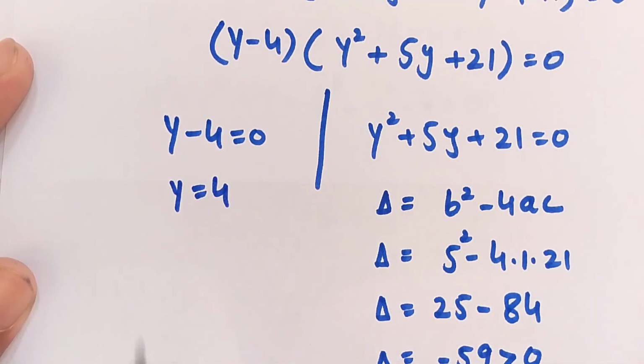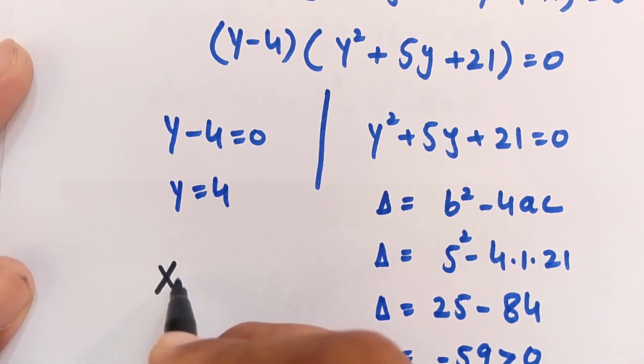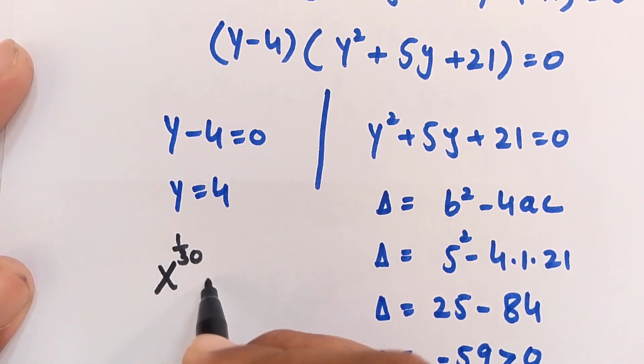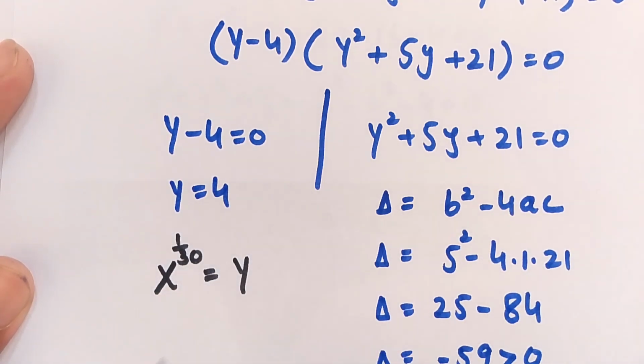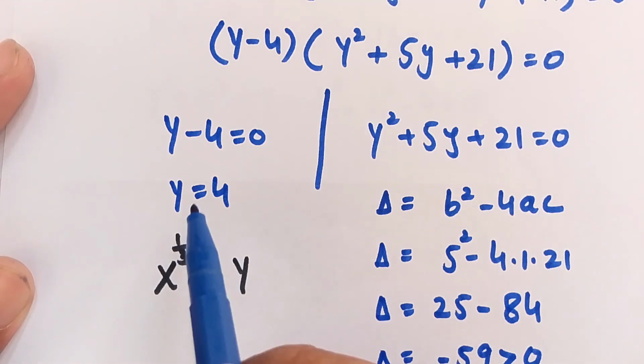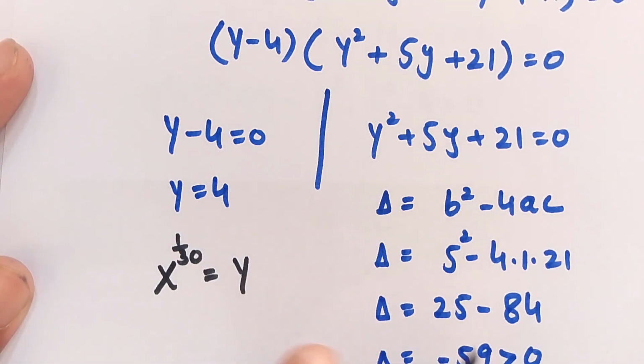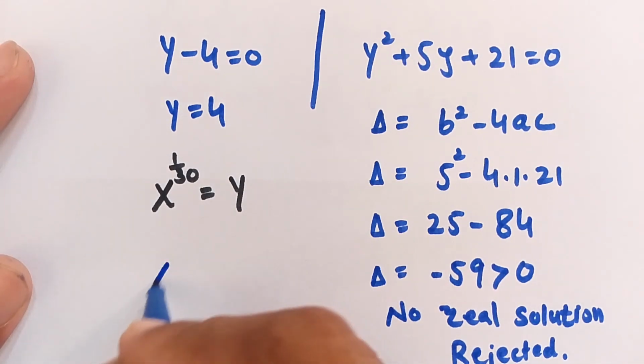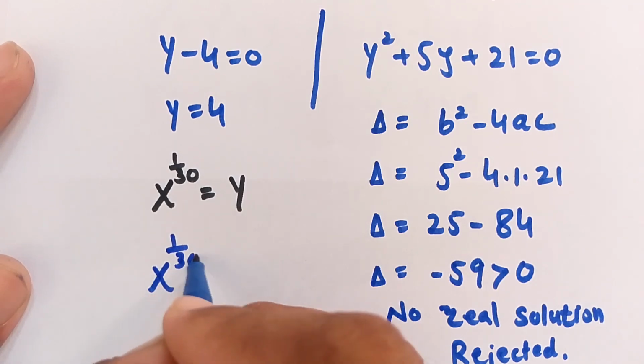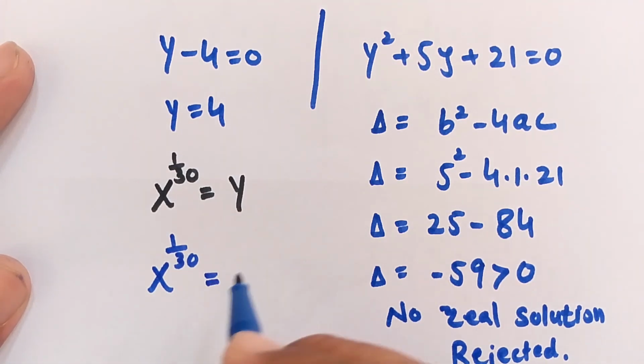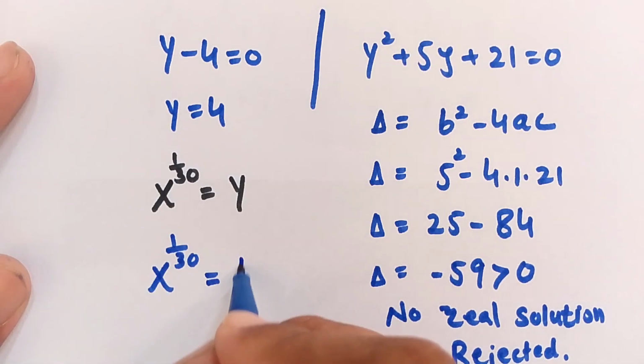Now we know that, remember, x to the power of 1/30 is equal to y. Now we have to put the value of y = 4 here, so this will become x^(1/30) = 4.